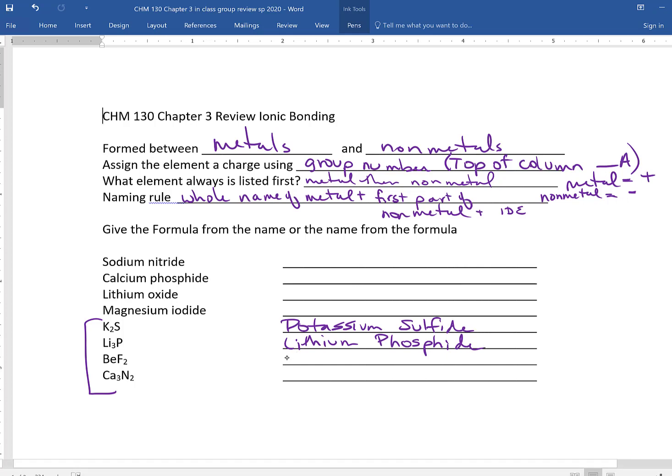Whole name of the metal. And then the last one, Ca3N2, calcium nitride. Whole name of the metal, calcium. First part of nitrogen is nitr, and then IDE.